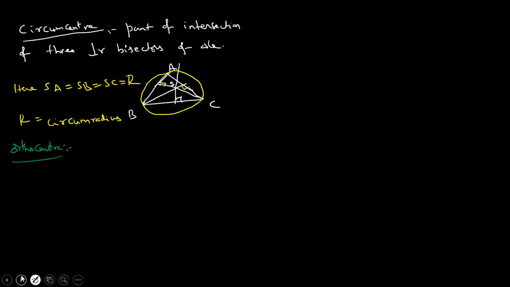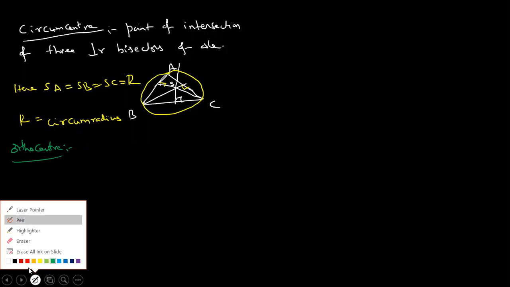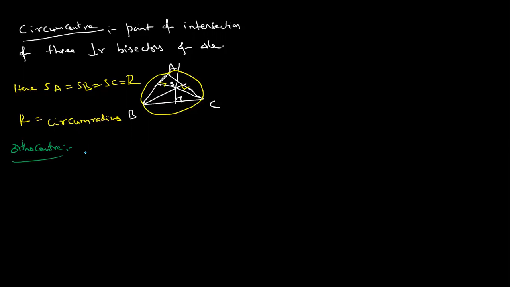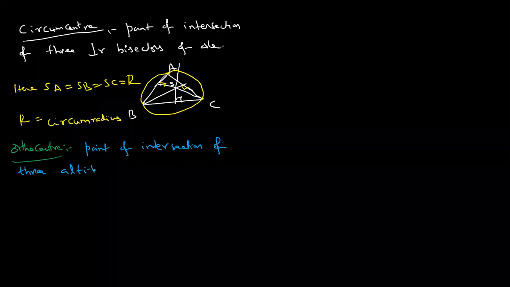What do you mean orthocenter? Intersection of all altitudes of a triangle. Point of intersection of all the altitudes of a triangle is the orthocenter.